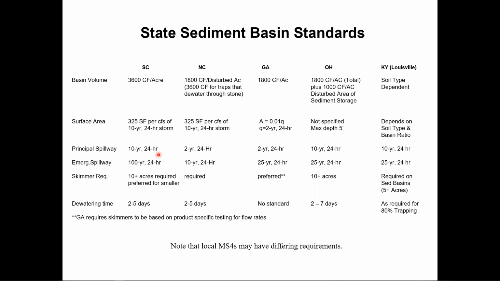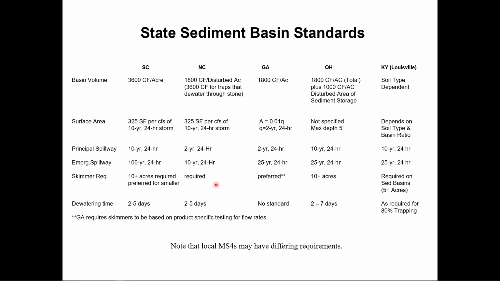Principal spillways, that would be your skimmer and probably your riser structure. Anywhere from a 10-year to 2-year is pretty typical. Emergency spillway, that may be just an emergency spillway built into the dam to catch those really large events. That can vary anywhere from 100-year to 10-year requirements, with 25 seeming to be the most common.